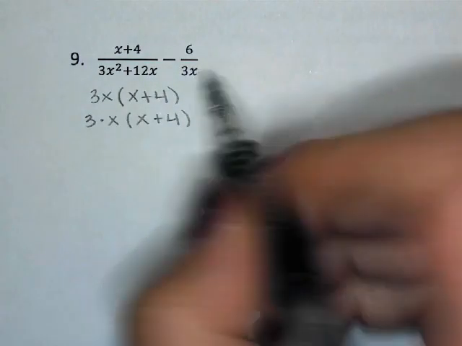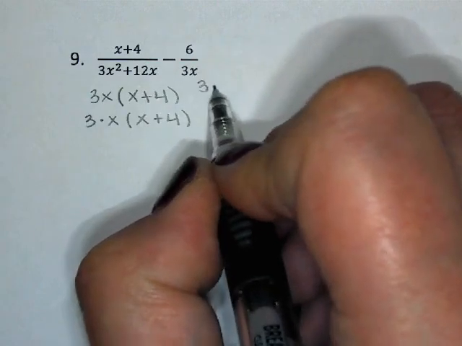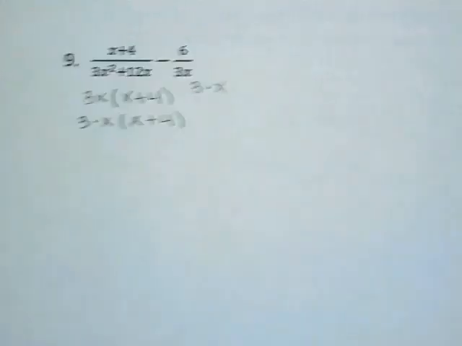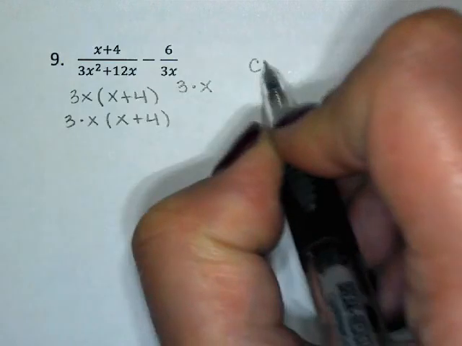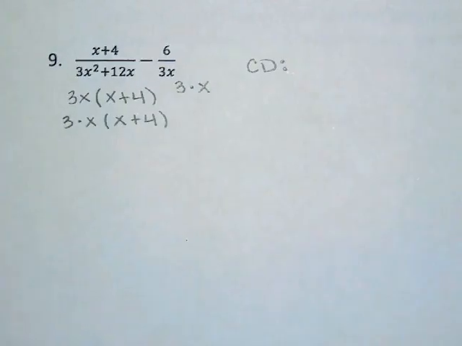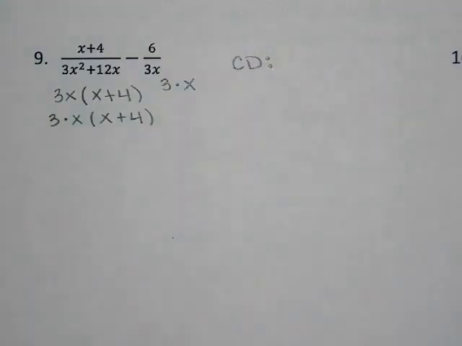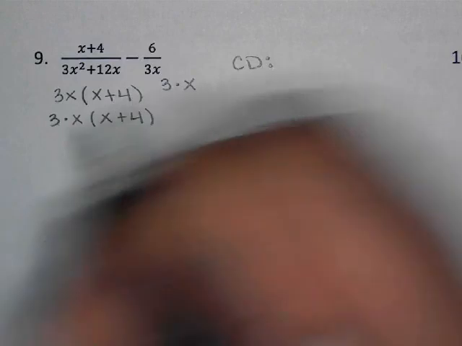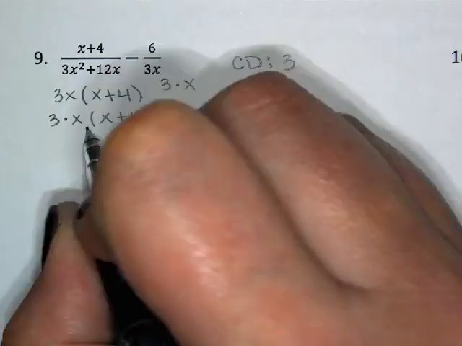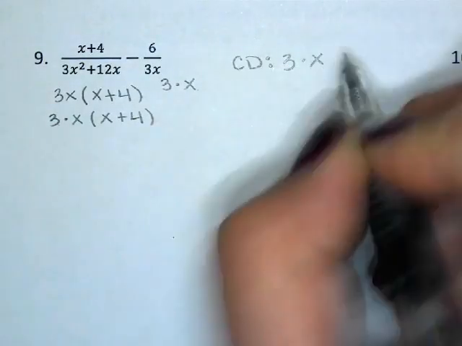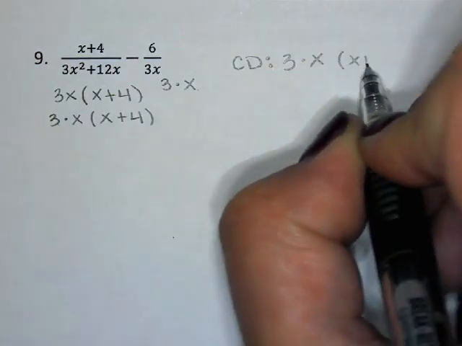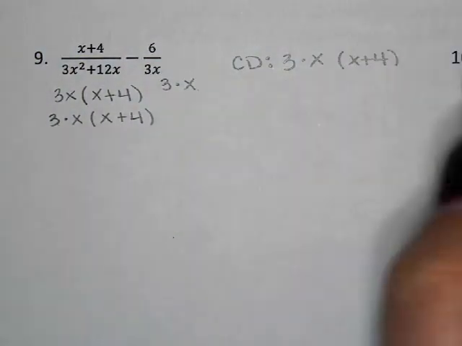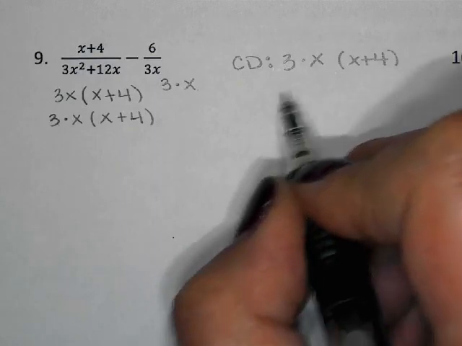This problem is off to a very nice start. So what does our common denominator need? It needs a 3 because they both have a 3. It needs an x because they both have an x. It needs an x plus 4. So the common denominator is really just 3x times x plus 4.